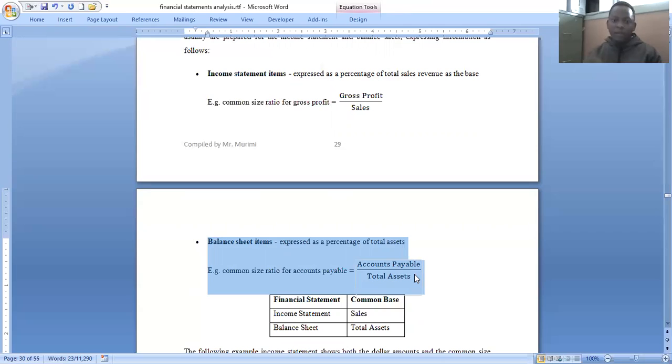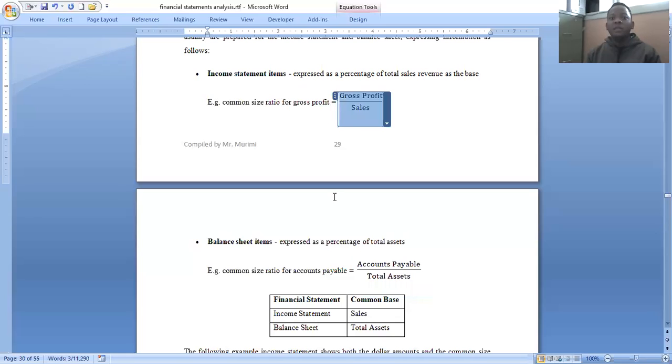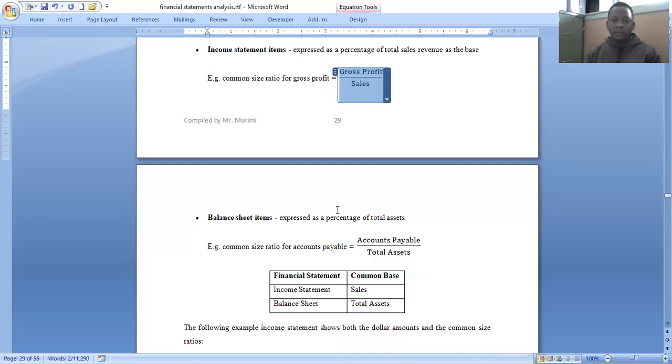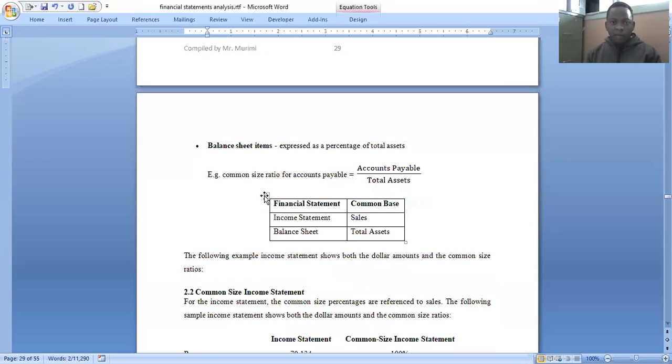So the common base for the balance sheet is total assets, whereas the common base for the income statement is the sales. You have this table here as a summary for doing the common size ratios, both for the income statement and the balance sheet, and the common base is as highlighted there.